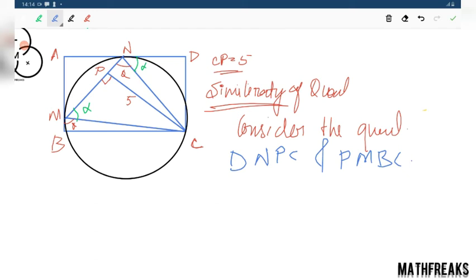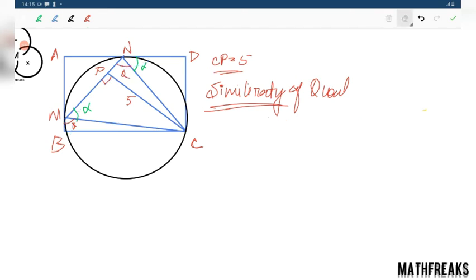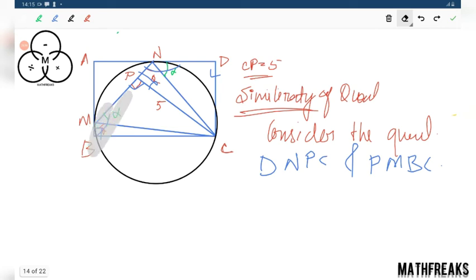Now just think that this angle equals this angle, this is 90 degrees, this is 90 degrees. One more angle we need. One more angle can be this. This is 90 degrees, this is also 90 degrees. So we are over with all the angles. Angle MBP.